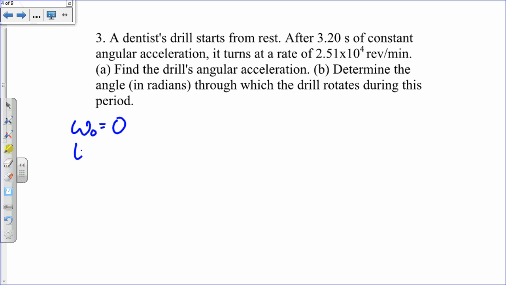After 3.2 seconds of constant angular acceleration, it turns at a rate of 2.51 times 10 to the 4th revolutions per minute. So after that amount of time, it's now traveling at this speed.